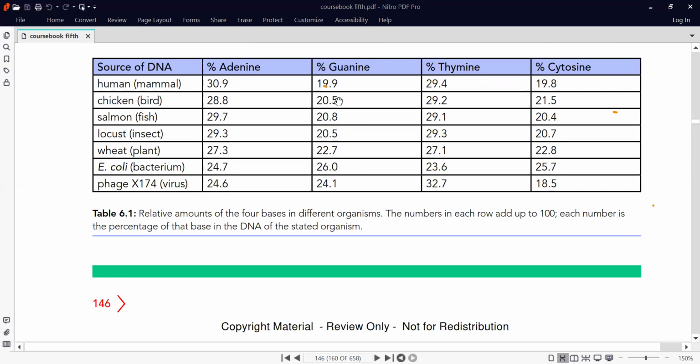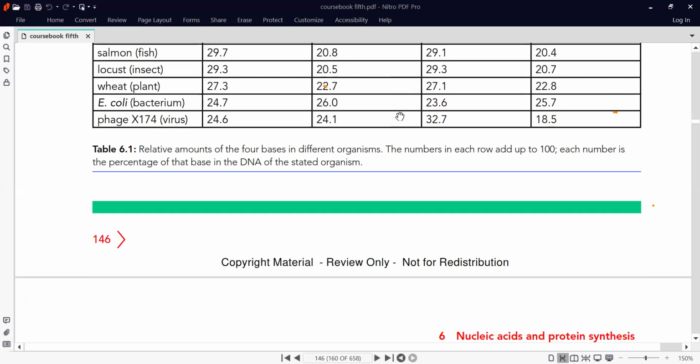You can see here, adenine is almost equal to thymine and cytosine is equal to guanine. They are showing you different examples of DNA extracted from different animals and different plants.